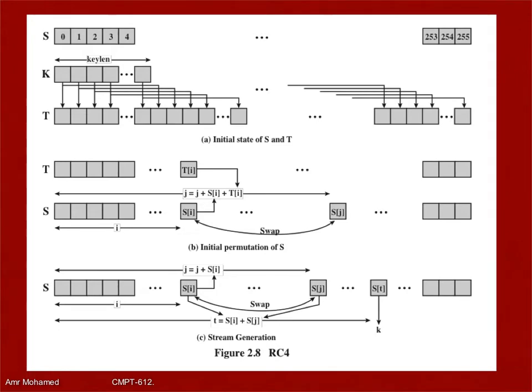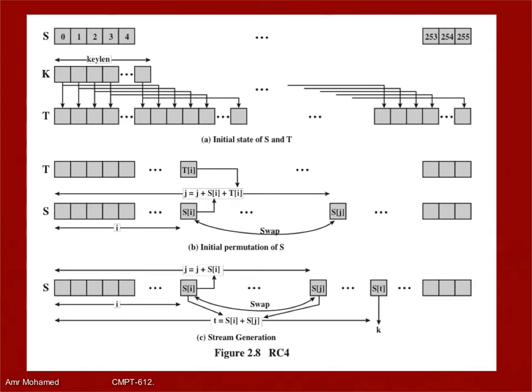So RC4 is based on these steps, and the important thing here is that you have a key. This key is fixed length, and it has a length of key length.